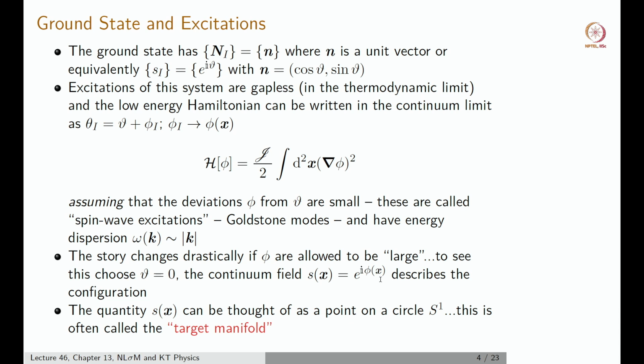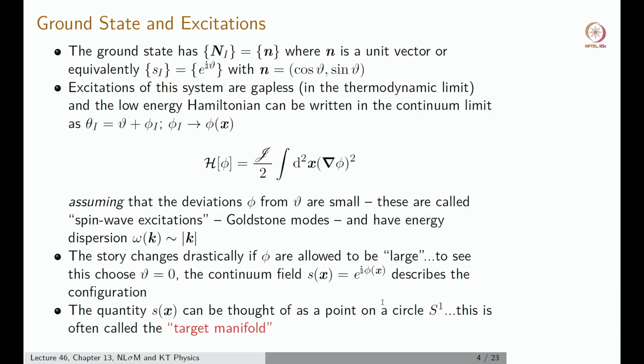Okay, so now if I ask, where does S of x live? What are the objects S of x? S of x are unimodular complex numbers. So unimodular complex numbers, if you think about it, live on a circle. They are points on a circle. If you think of the real and imaginary parts of the complex number as two axes, then the unit circle in that space is where S of x lives.